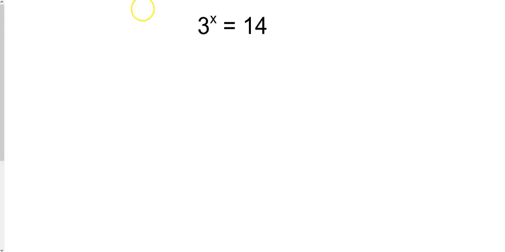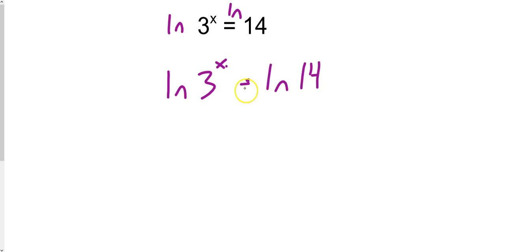So what you're really looking at is ln of 3^x equal to ln of 14. Since we couldn't set the exponents equal to each other because we didn't have the same bases, we had to take an ln of both sides.